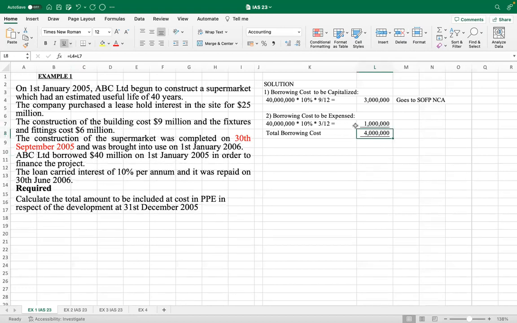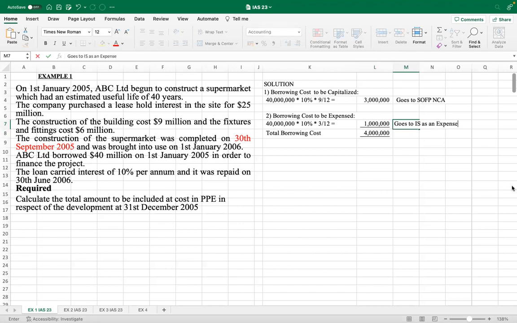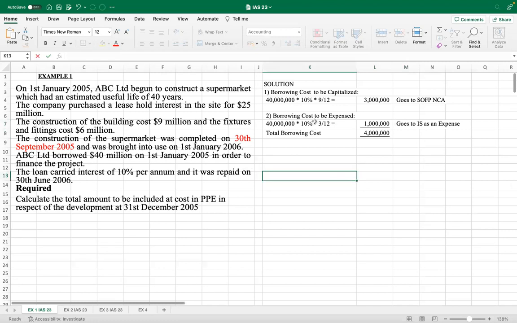How do you get 4 million? 4 million is simply 10% without prorating it. So the total interest is 4 million. Out of it, 3 million goes to the balance sheet and 1 million goes to the income statement as an expense.